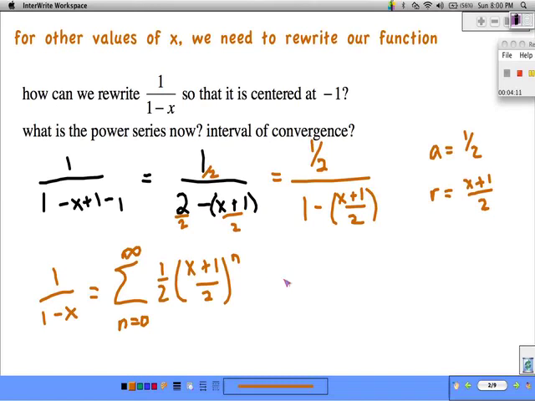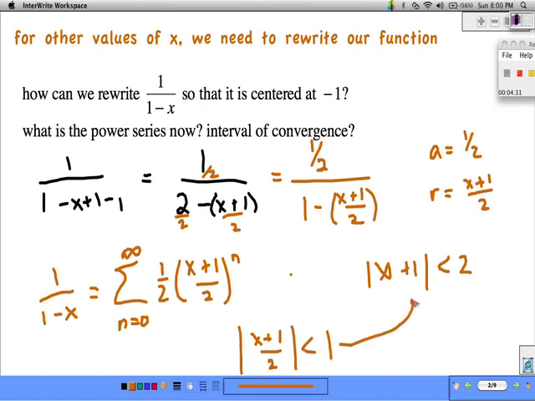And this is going to be convergent when the absolute value of x plus 1 is less than 2, because I can take this common ratio, and it will converge when this is less than 1. So I'm left with this. My interval of convergence then is going to be when x is an element of -3 to 1.